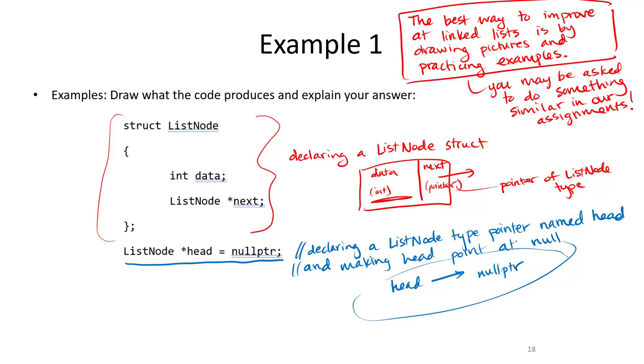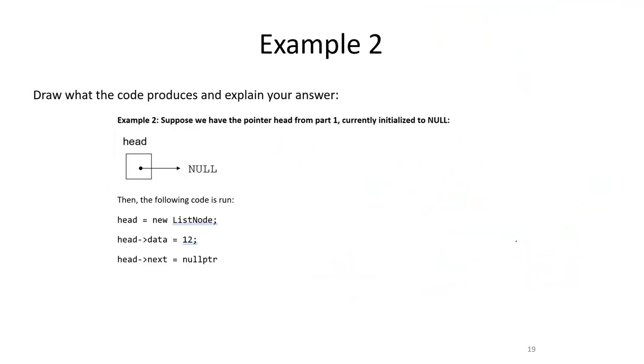Let's try our next example. And please draw along with me as we go through these examples. By drawing pictures, you'll build a much better understanding of how linked lists work. So in example 2, we are told that we currently have that pointer named head that we just declared in part 1. So we have this.